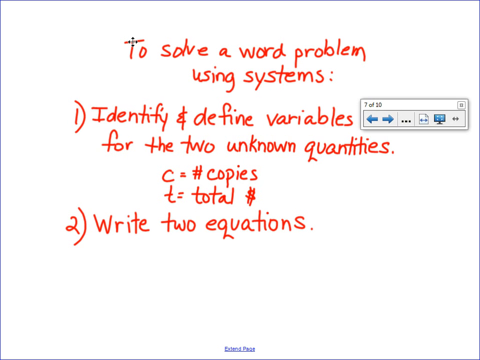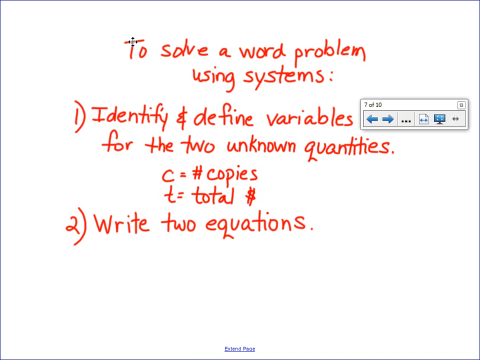In another example, if we were trying to figure out how many cows and chickens, it might be an equation for the number of heads and an equation for the number of legs. In another example, we might be trying to find the number of adults and the number of children.